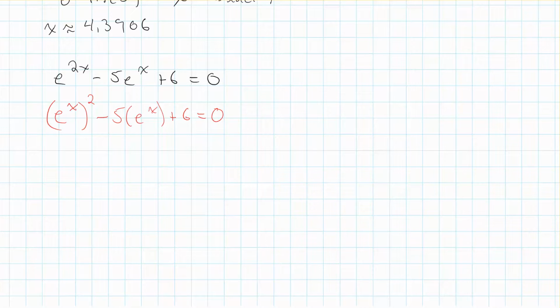Now, remember when we talked about quadratic types of equations? Well, this is a quadratic type of equation. Why is it quadratic type? I've got something squared, something to the first power, and then just a constant.